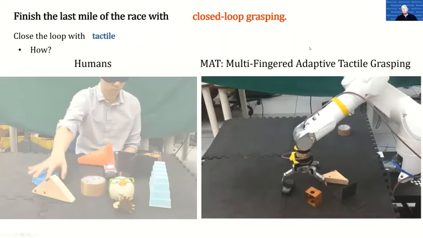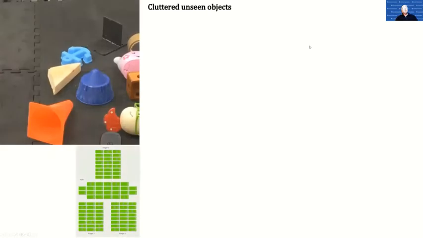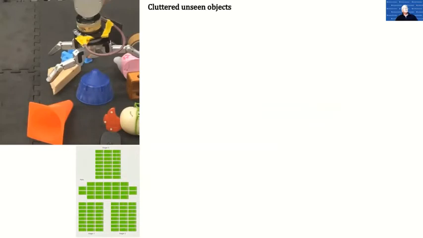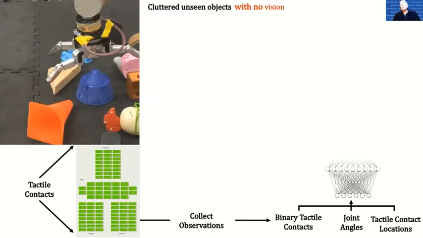So how does this work? Well, here we have a scene with cluttered unseen objects, and we have an initial guess of where this grasp should be as we approach it. We're going to get tactile contacts, and they're going to go collect observations, do binary contacts, find the joint angles, tactile contact, and then we have to do an action.